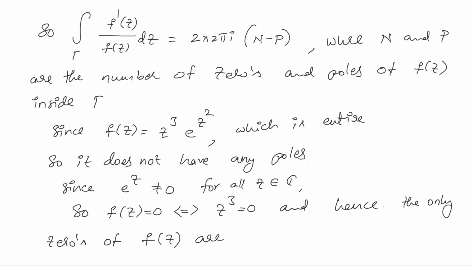The converse is also true: since the exponential function is never 0, f of z equal to 0 if and only if z cube equal to 0, and hence the only zeros of f of z are z equal to 0, which are the zeros of the function z cube, with multiplicity 3, since z cube is a polynomial of degree 3.